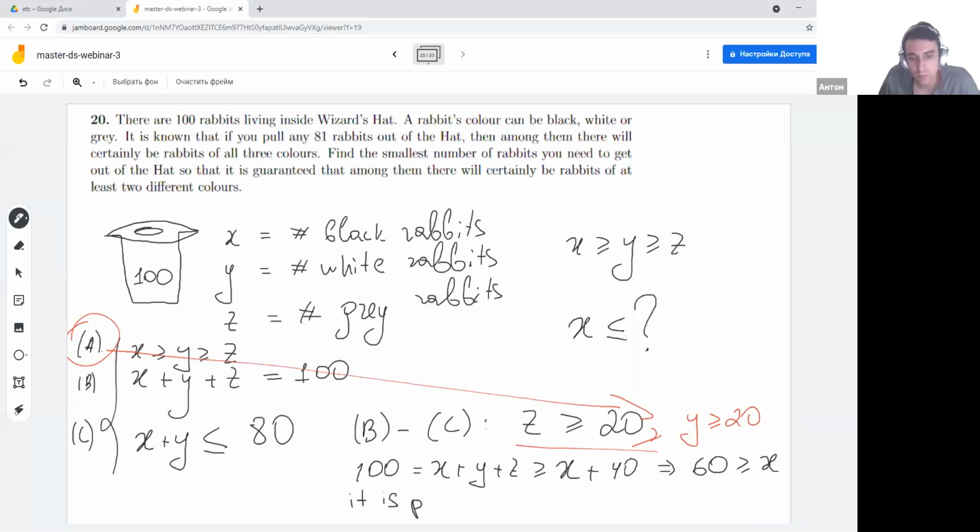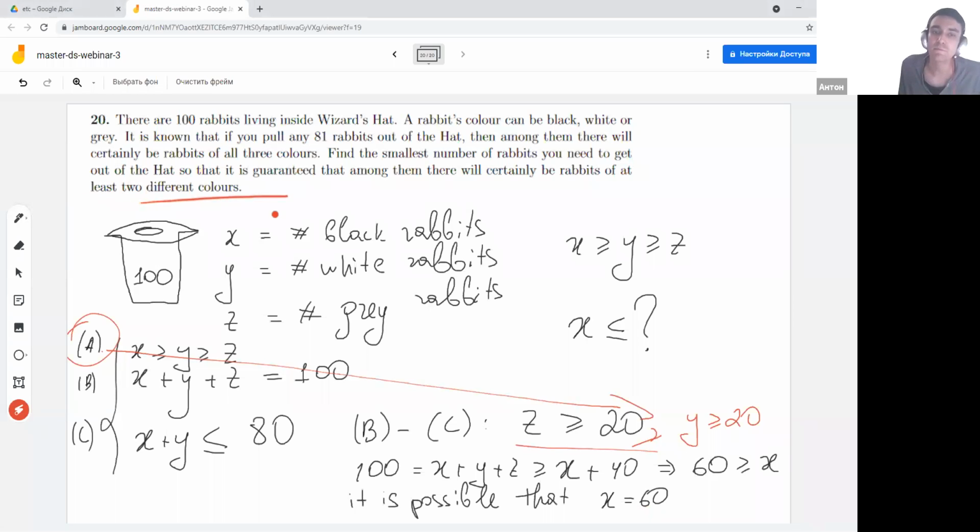It is possible that X equals 60. But this means that, given the information from the statement, if we want to guarantee that in the group we pull out there are at least two different colors presented, we need to pull at least 61 rabbits, because if we pull 60, it is possible that they will all be black, for example. So the answer here is 61.